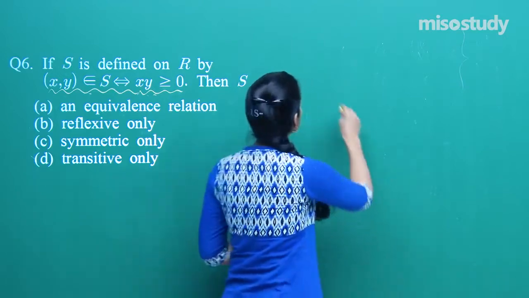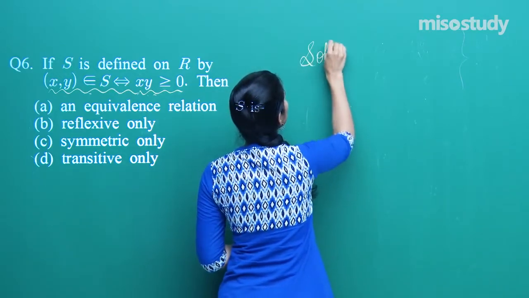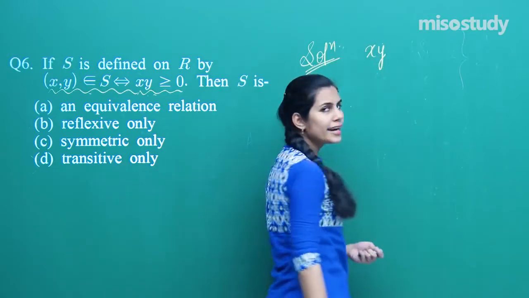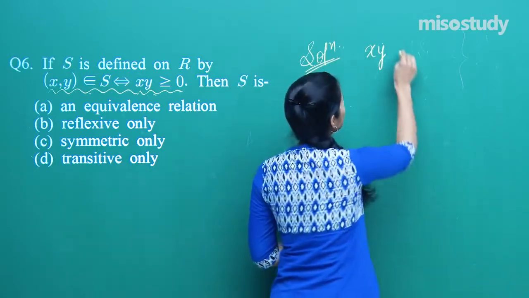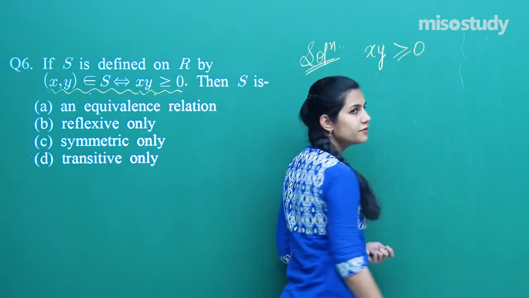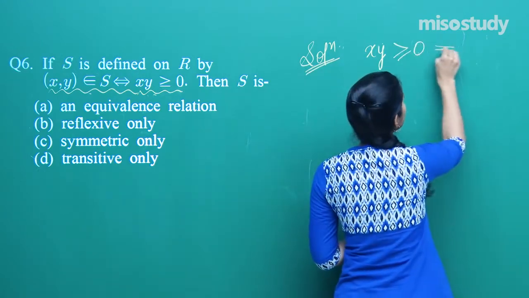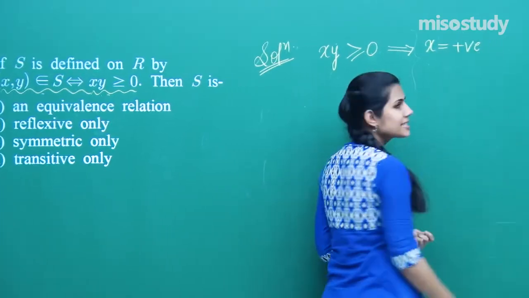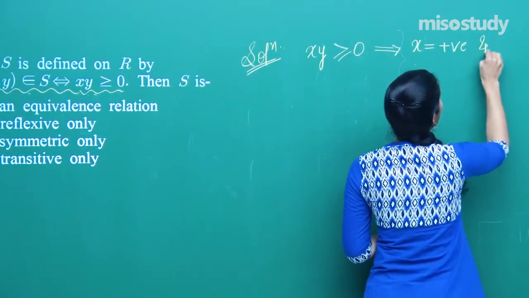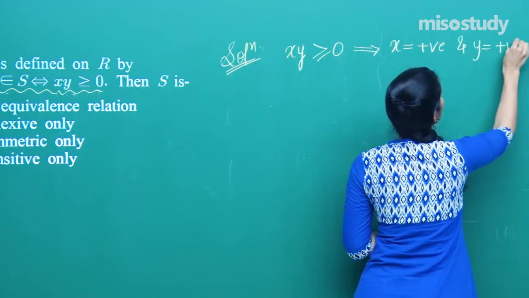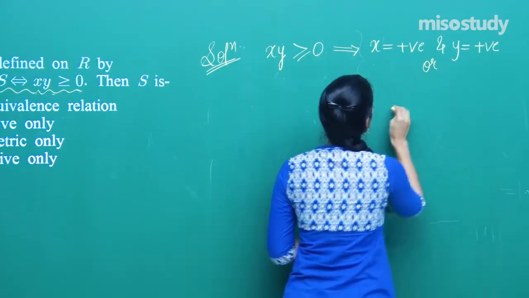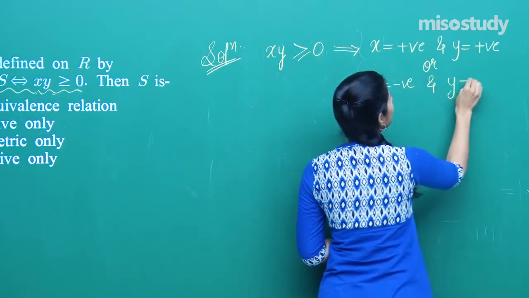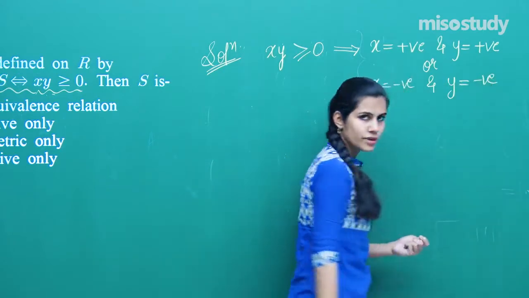First thing that I wish to tell you is, whenever I say x and y are two real numbers whose product is non-negative, this means x is positive and y is positive, or x is negative and y is also negative.